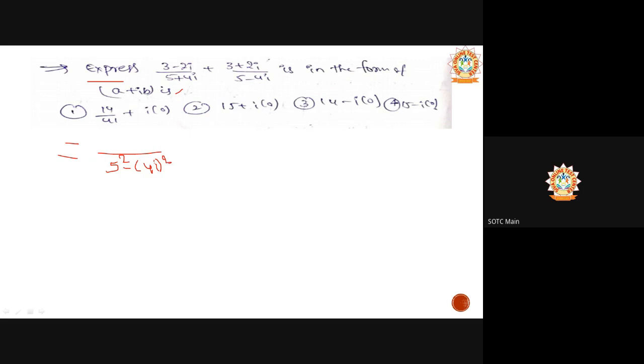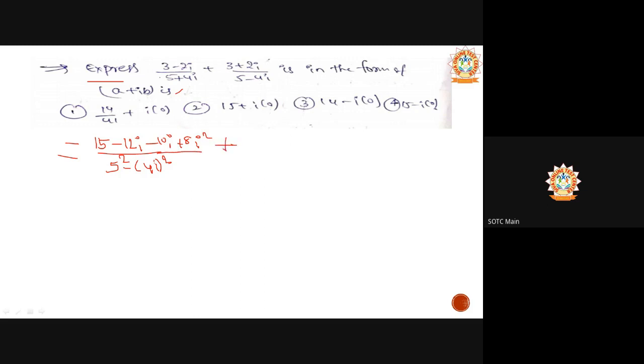If you do the cross multiplication, 3 into 5, 15. Next, minus 12i. Next, again minus 10i. Then minus into minus plus, it is 8i square. 8i square. This is one part done.